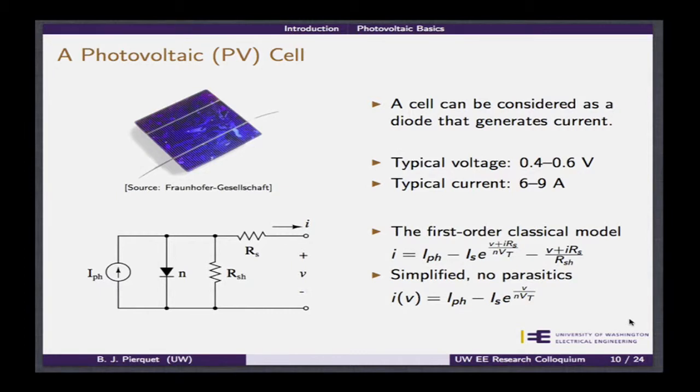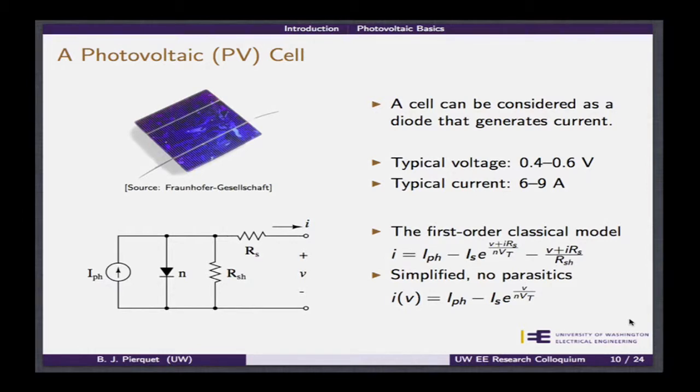You have some series resistance connection that comes in from just the wires that connect this together. The conductors on top of the cells themselves, a lot of them are translucent or they're somewhat patterned, so they're not terribly conductive compared to a solid copper wire. And then you have some shunt resistance, which is essentially a recombination of the energy inside, which never actually makes it out.